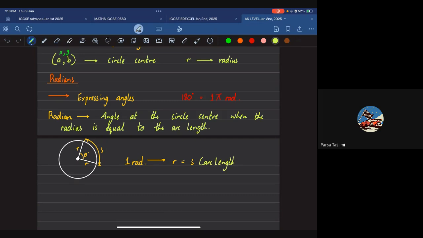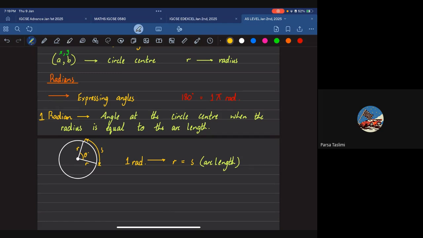So one radian is the angle formed at the center of the circle when the radius is equal to the arc length.